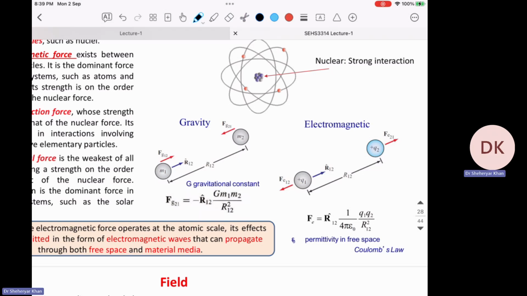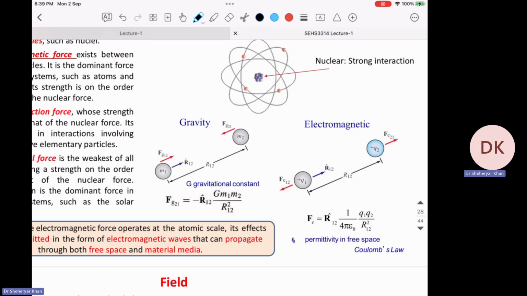How about R12, the distance between them? Smaller distance, more powerful force. How about the square? Square of the distance. Only correct. What does nonlinear mean?